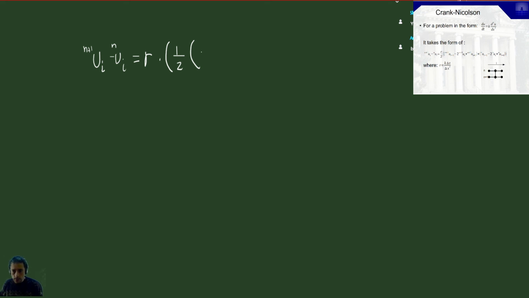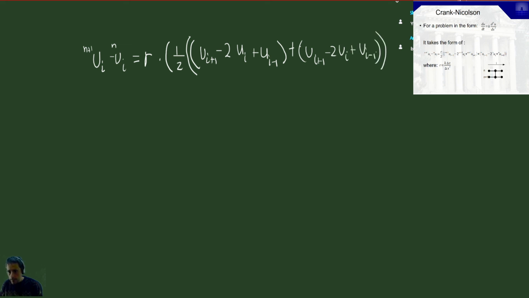So we want half of u_(i+1) minus 2u_i plus u_(i-1), plus u_(i+1) minus 2u_i plus u_(i-1).